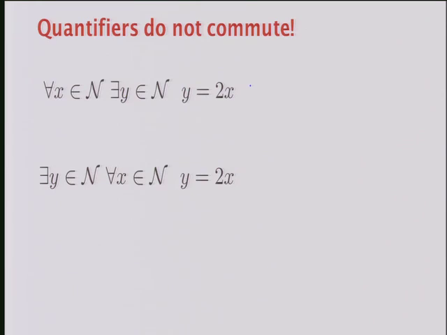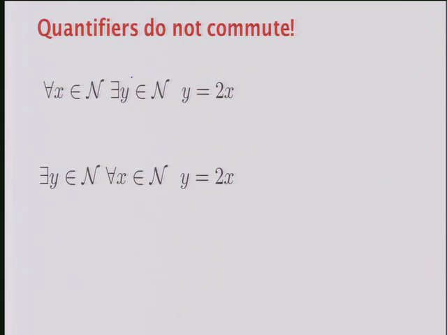Yes. Now if you swap the two quantifiers, then you get a statement which says something completely different. It says there exists y such that for all x, y equals 2x. Is that true? No, right?